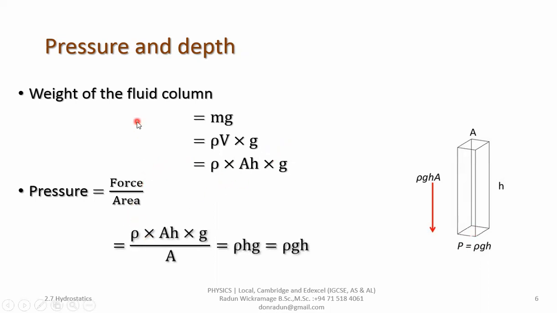Force is the weight acting on this surface, that is mg; rho A h g can be replaced for mg here. And the area is A, so we can simplify it as rho g h. So this is how the hydrostatic pressure equation has been derived. Please take down notes.